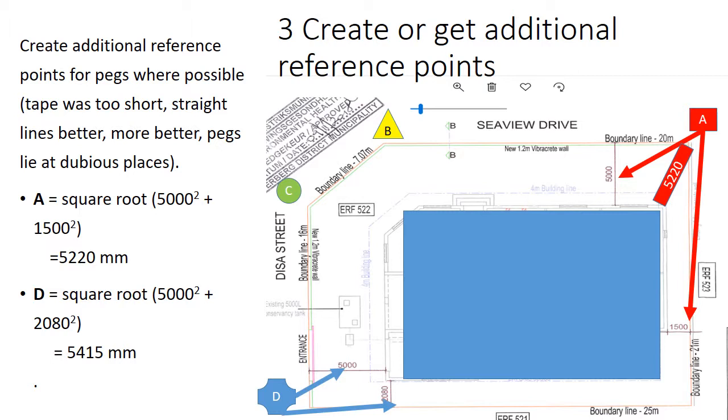I use the same sum to get the additional side of the triangle. For the point D, I calculated the power of 2 plus the power of 2, the square root thereof.